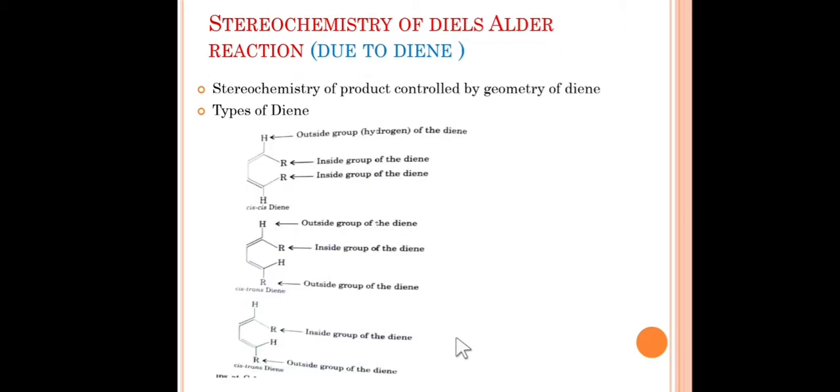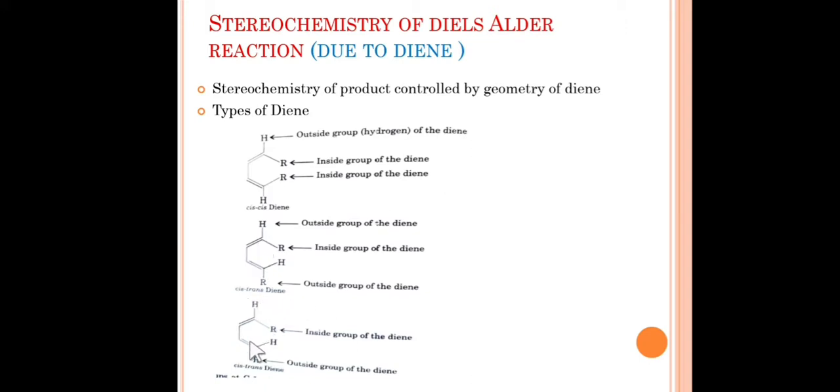Okay, now let's see stereochemistry due to dienes. There are various types of dienes. You can see here cis diene. That means this double bond and this double bond are cis, and we have inside group and outside group. So this is a cis diene because both the double bonds are cis. This is a cis trans diene because this double bond is cis and this one is trans.